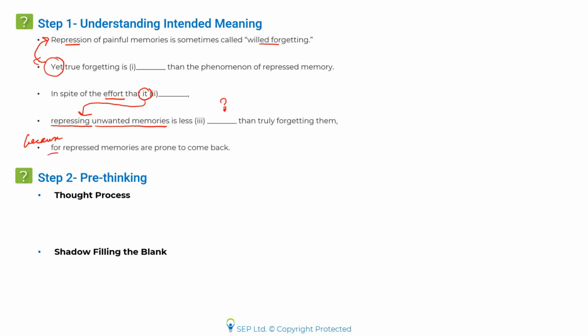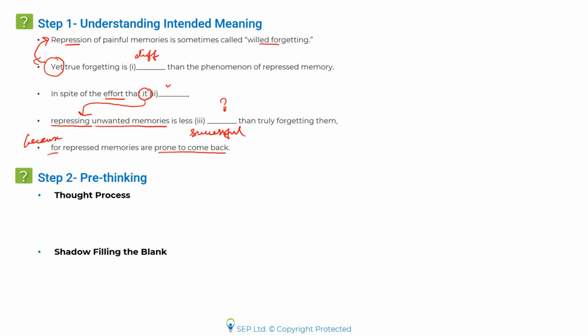Okay. So why is repressing unwanted memory less something? Because repressed memories are prone to come back. Okay, so they come back. That means repressing unwanted memories is less successful, I would say, right? And here we are looking at different, and here we are looking at in spite of the effort that it involves, something like this.